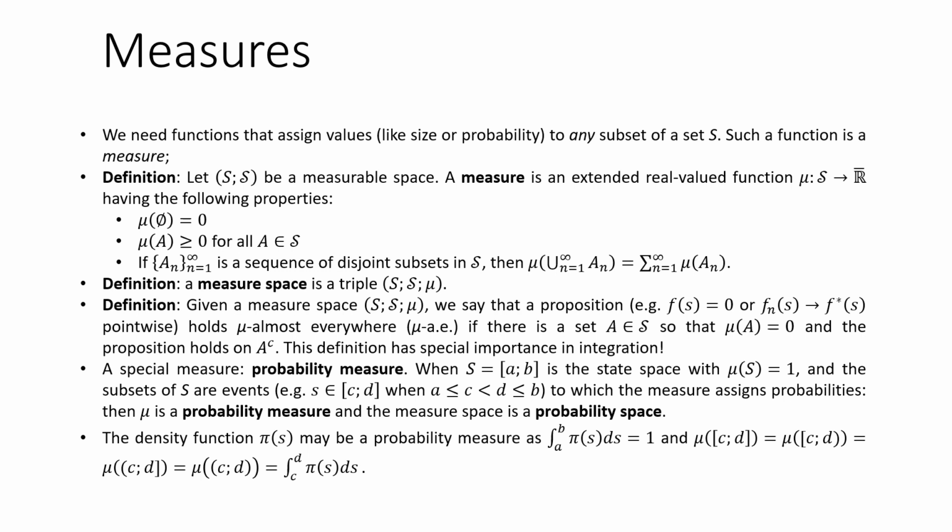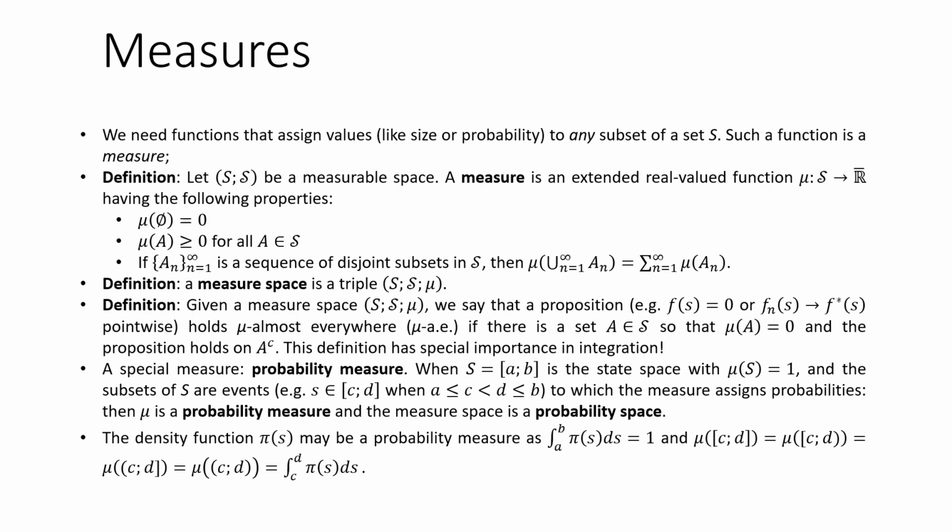For the empty set, the measure is 0. The measure for any set is non-negative. And if we have a sequence of disjoint subsets in the sigma algebra, then the measure of the infinite union of these subsets is equal to the sum of measures of the disjoint subsets. This is the adding up property we insist on so much.